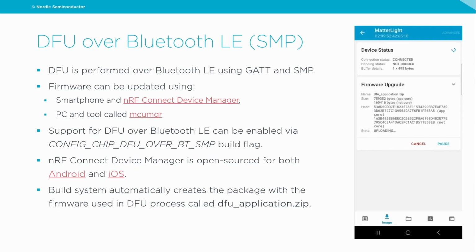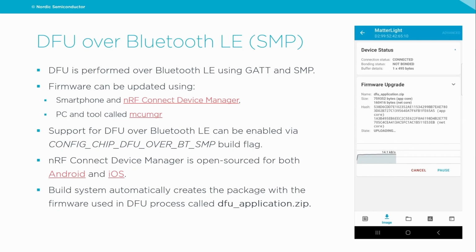In the DFU over Matter solution, the update happens more in the background and may take some time to be initiated. We have integrated this feature with our Matter samples as an optional feature, and enabling it requires adding an additional Kconfig flag called CONFIG_CHIP_DFU_OVER_BT_SMP while building your application.